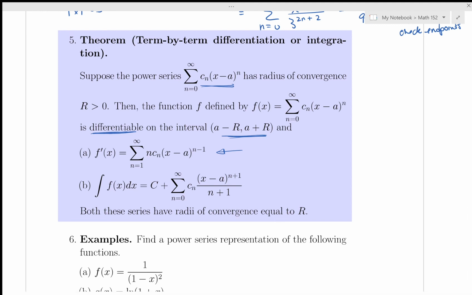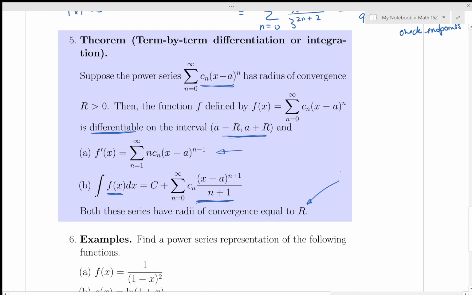Similarly, we can take the integral of that power series representation of f of x, and we can integrate term by term. And both of these new series will have the same radius of convergence. Okay, this is a true statement. It's a theorem. We're not proving it, but it is a theorem.